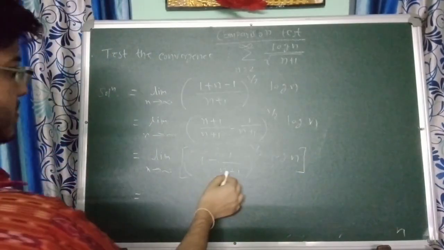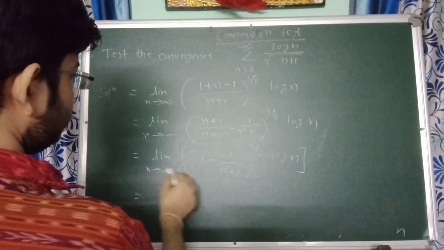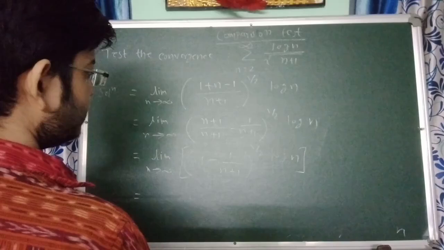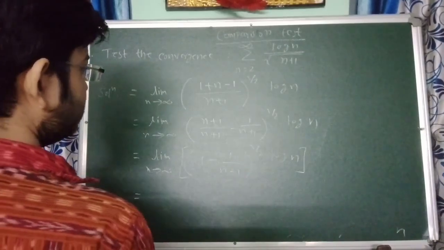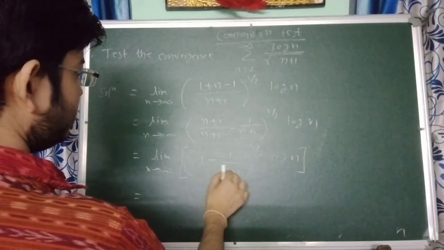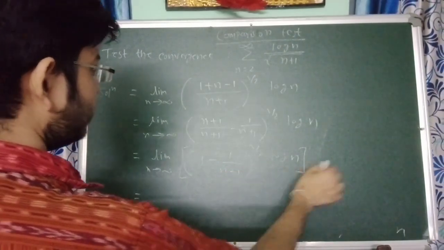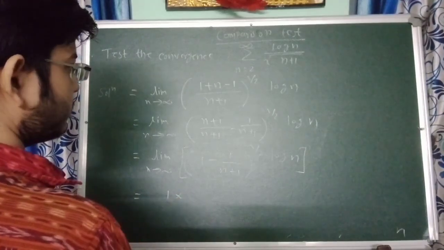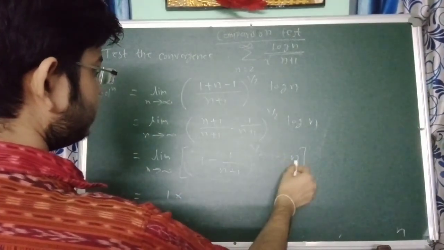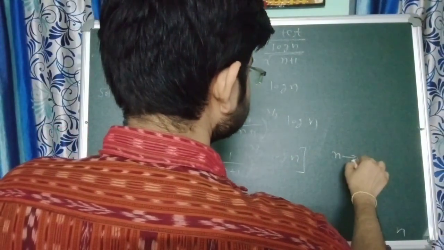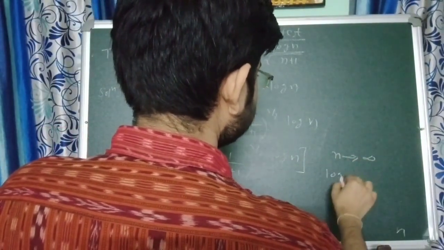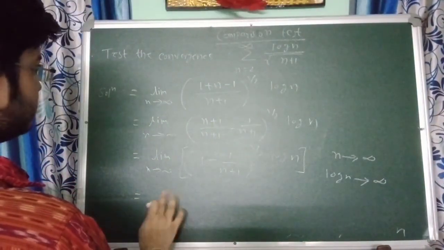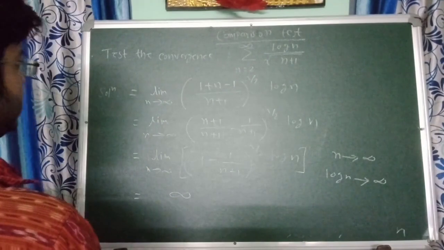Now taking n tending to infinity. When n goes to infinity, then n plus 1 is also going to infinity. 1 by infinity goes to 0, so 1 minus 0 goes to 1, and square root of 1 is 1. So the first part is 1, into log n. When n goes to infinity, log n also goes to infinity. So 1 into infinity becomes infinity.